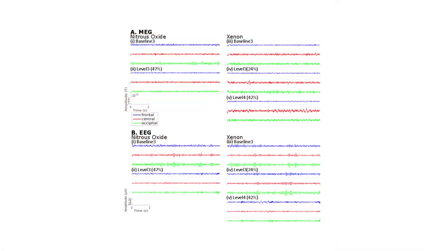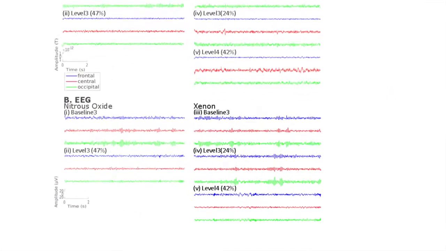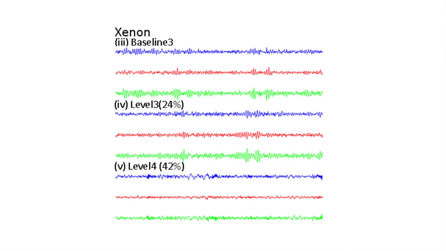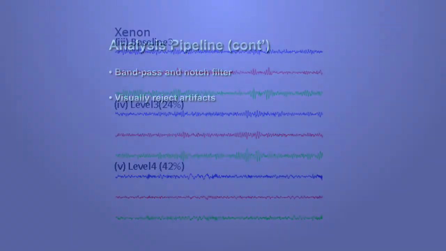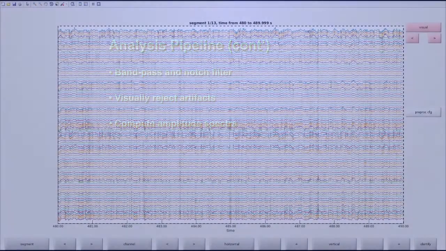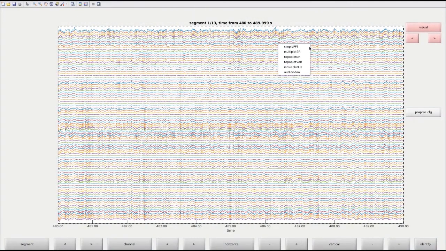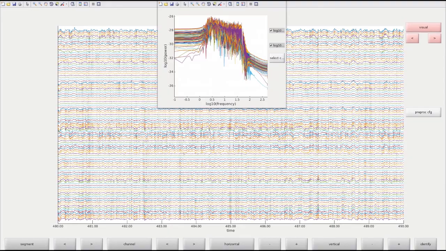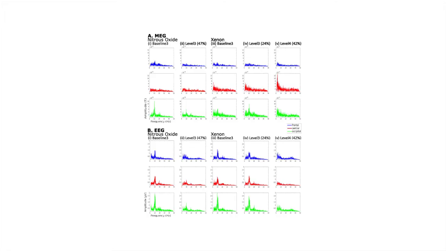Filtered, artifact-free MEG and EEG data can then be visualized and related to anesthetic-induced changes. Amplitude spectra for each sensor and spectral band power topographies across all sensors are then computed for both MEG and EEG data.